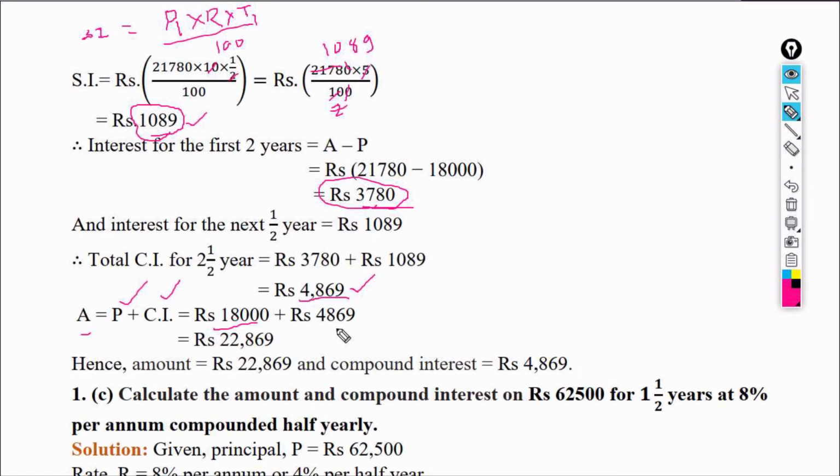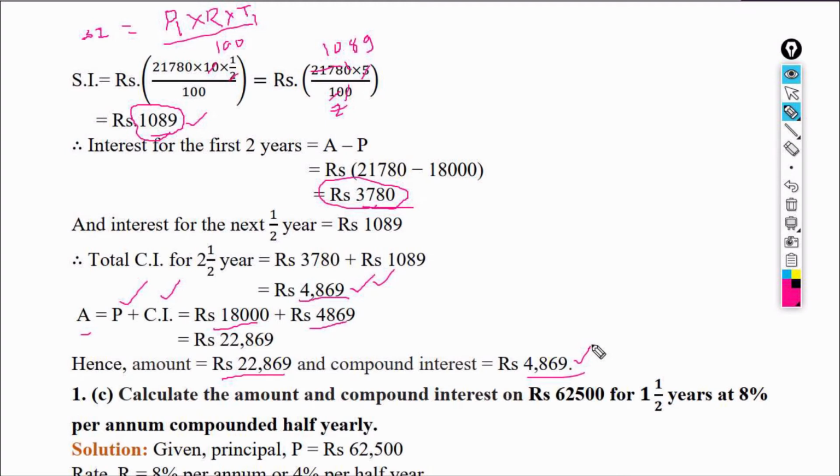Just add both numbers, and you will get the amount, equal to rupees 22,869. Finally write down the compound interest, that is equal to rupees 4,869. It is very simple.